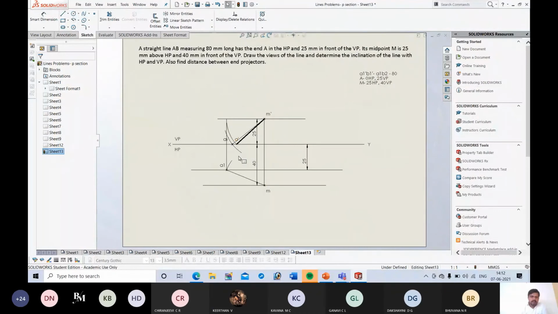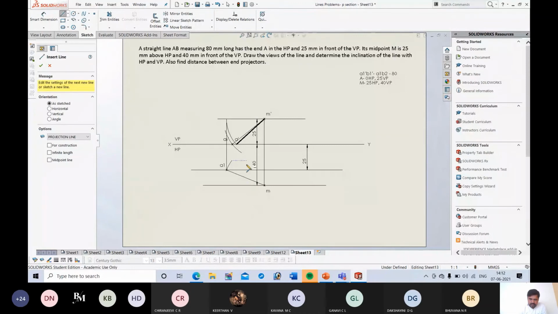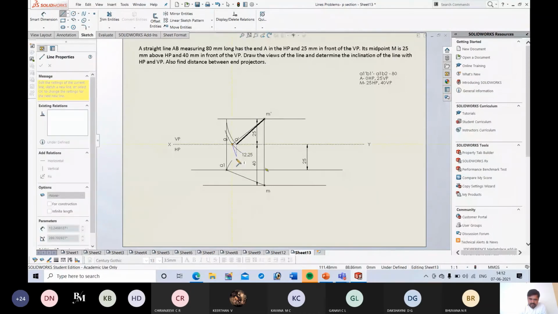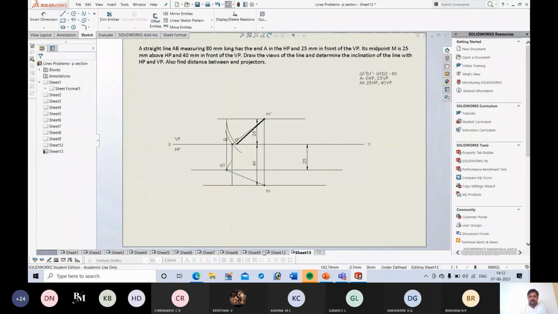Next, I will do the same procedure. This is the point of true length. I am starting from locus of A and I will end at locus of M. This is a projector from the point of true length line.